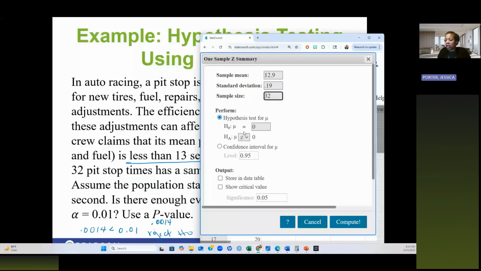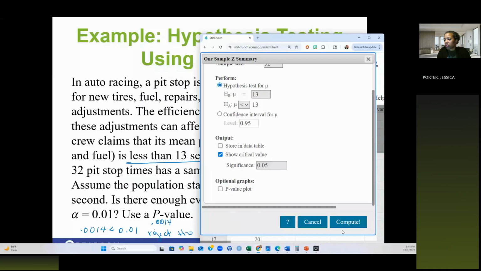You have to change the alternative, and in this box, you will put your population mean, what you're comparing it to. Show the critical value. Oh, alpha is 0.01.